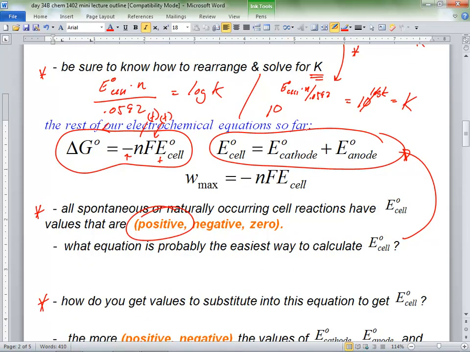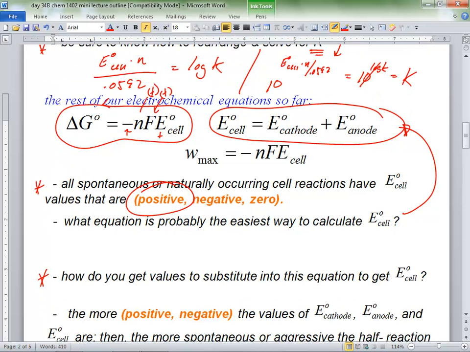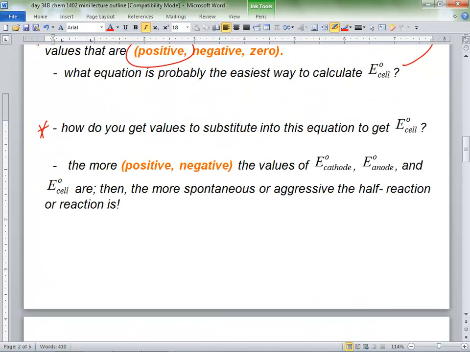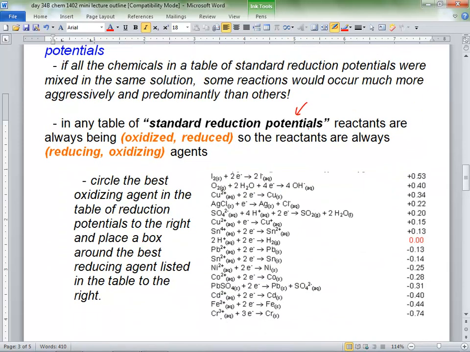So how do you tell the difference between cathode and anode? We're looking in here, going to pick these numbers. Anode is producing the electrons, right?